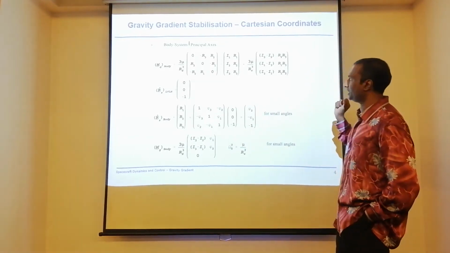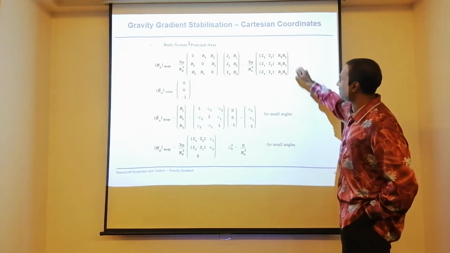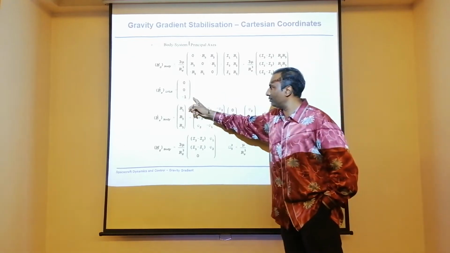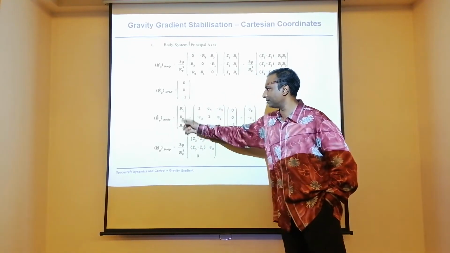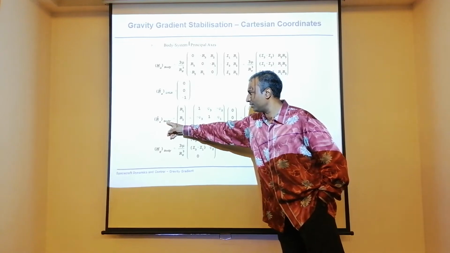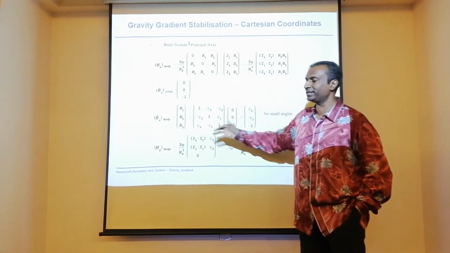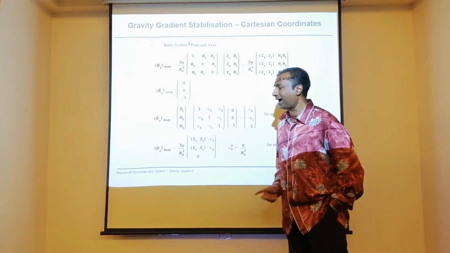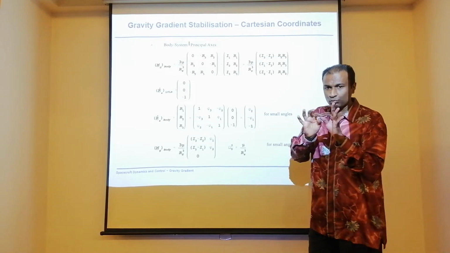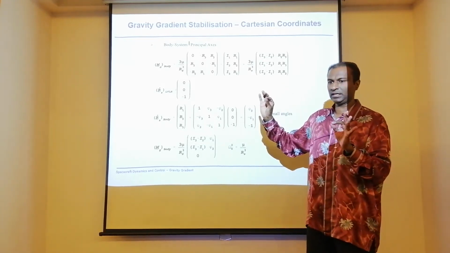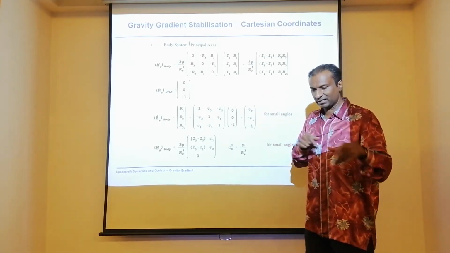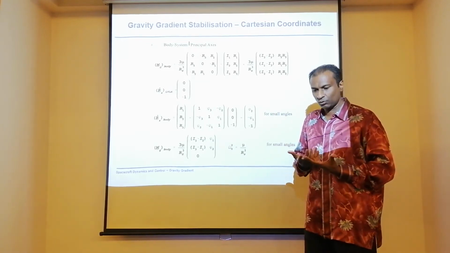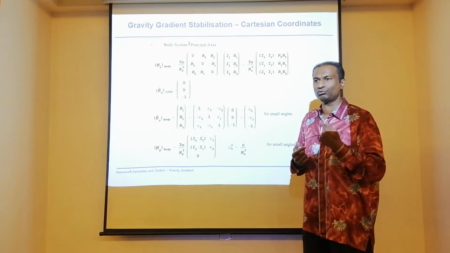In this case, let us see how I am going to solve for R2 and R3. For my rigid body, the unit vector is R1, R2, R3, that is X, Y, Z. I know that my R_S is coming from planet Earth to the spacecraft. When I look at that particular vector from local vertical, local horizontal, there is only one thing coming out, and it is coming out through the Z axis.